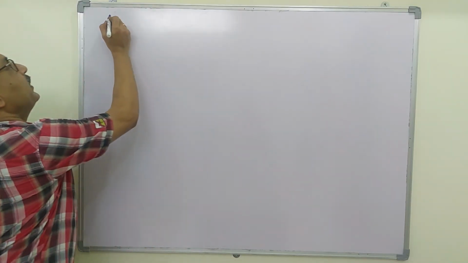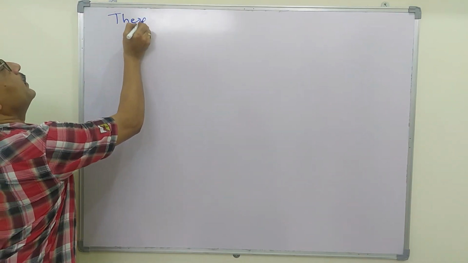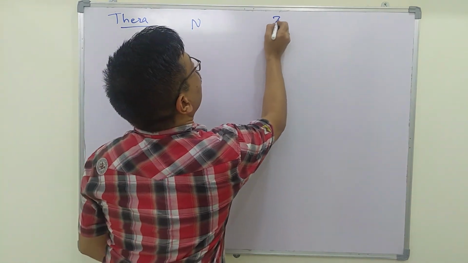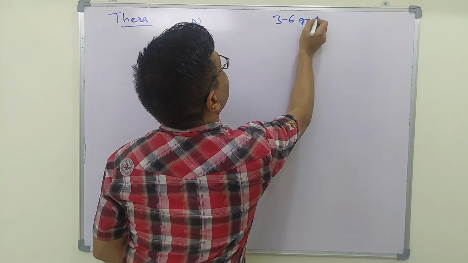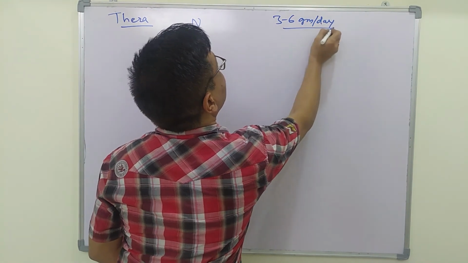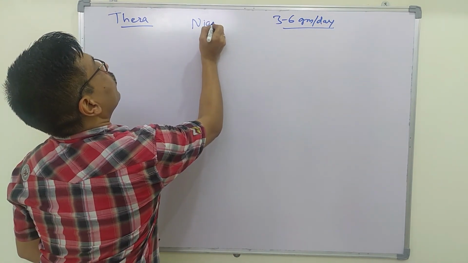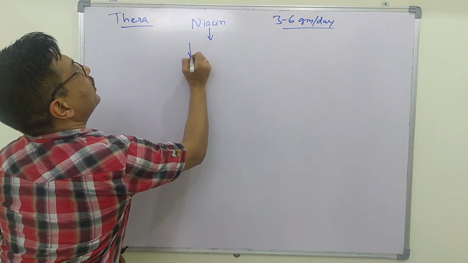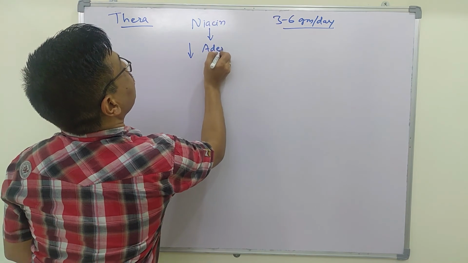Coming to therapeutic effects of niacin, this niacin in the dose of 3 to 6 grams per day, very high compared to RDA, can cause decreased activity of adenyl cyclase.